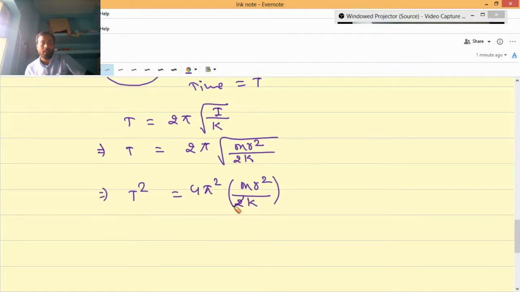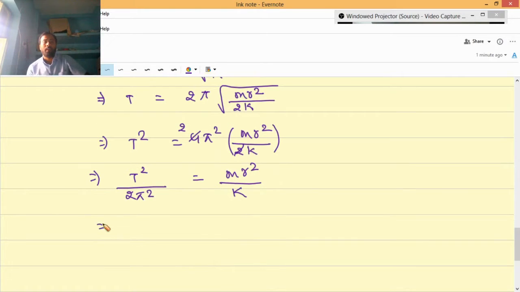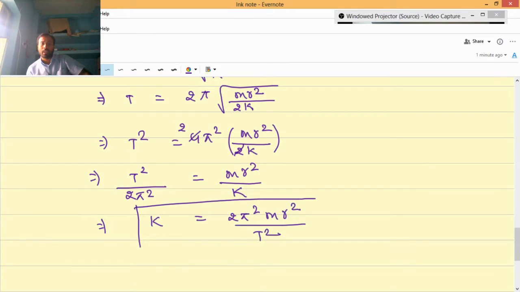Then we can cancel 2 and π. So T² divided by 2π² will be equal to mr² by k. So the k value will be equal to 2π² mr² upon T².